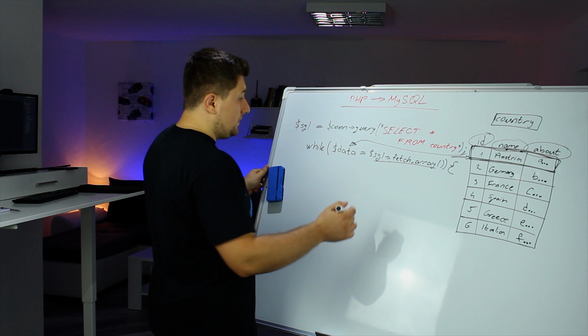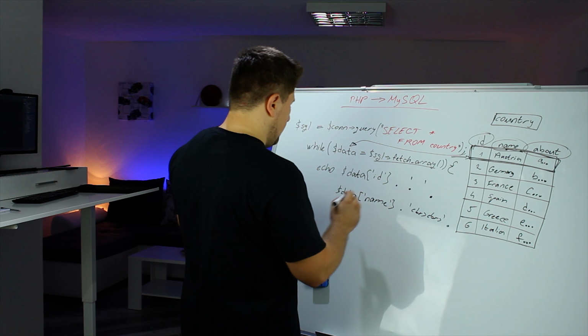So it will be ID, an empty space, or let's say a full stop, and after that an empty space, and let's say the country name, which is data name, and let's say we want to make a new line or two new lines, and then we will say about section.